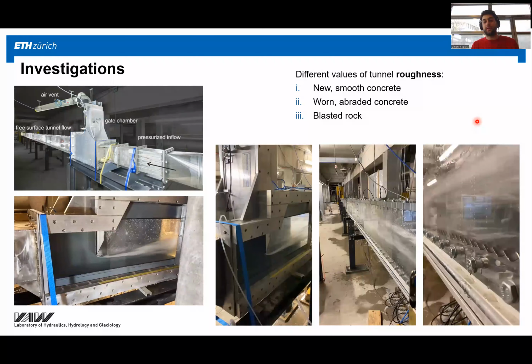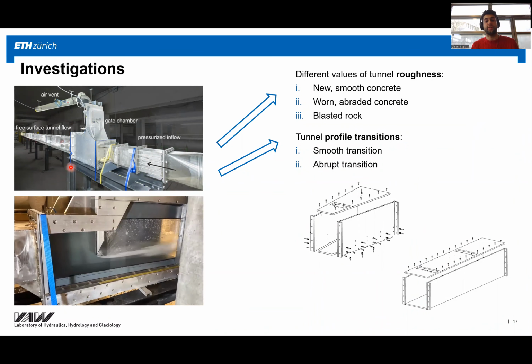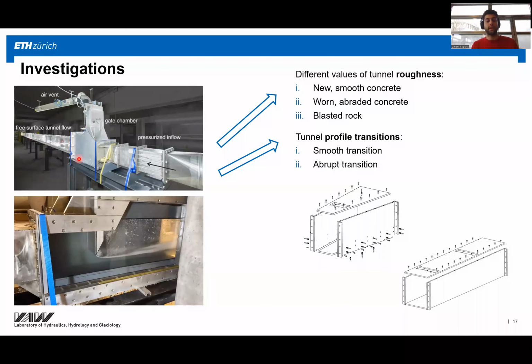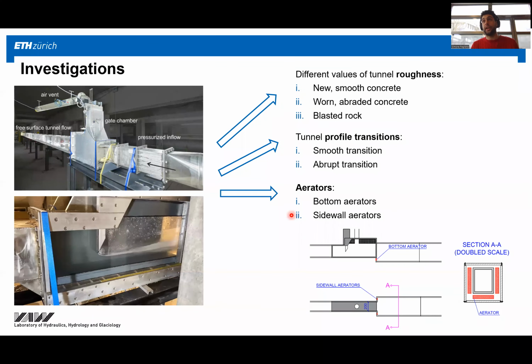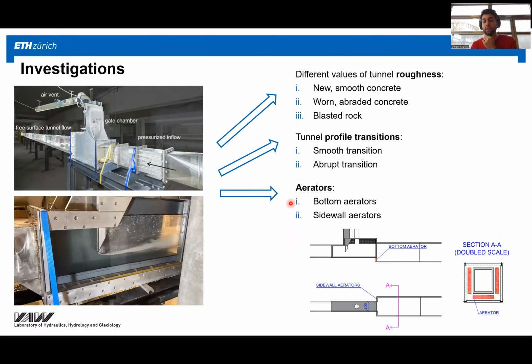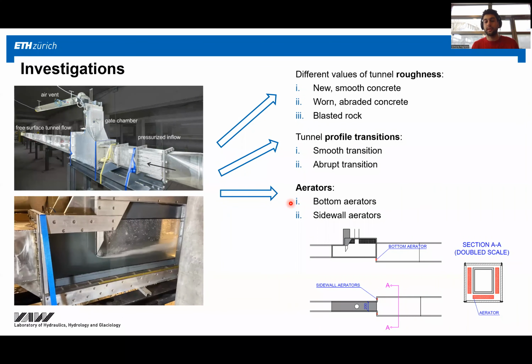Upcoming investigations will include tunnel profile transition. So what are the effects of a larger tunnel and also a linear or abrupt transition between the gate chamber and the tunnel? And also the effect of aerators, which is something that we see really often in spillways, but for low-level outlets, the literature is much more fragmented.